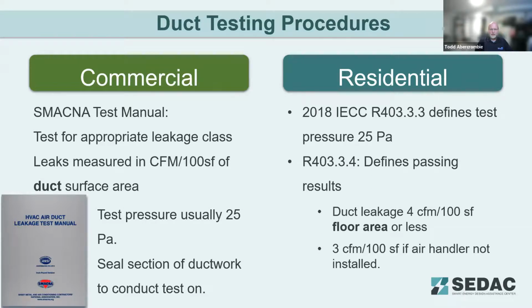If you don't have the air handler installed, then it's 3 CFM per 100 square foot of the area that the system serves. And of course, without the air handlers installed, you're going to need to test the supply side separately from the return side and add the two leakage rates together to get a combined number there.